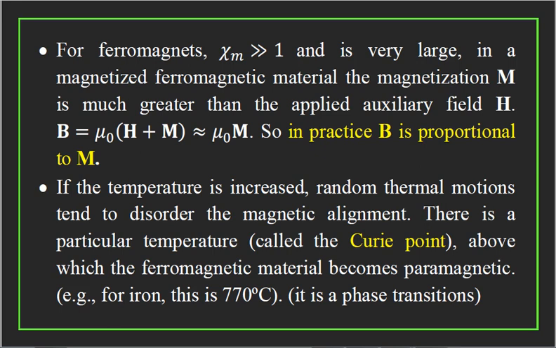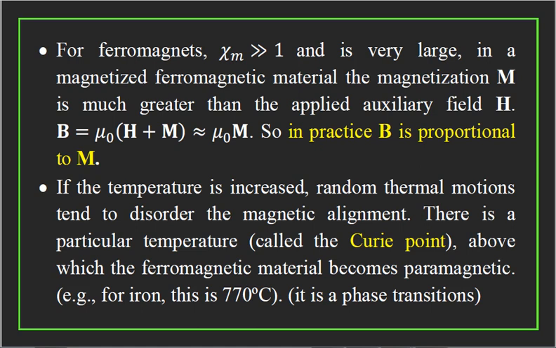So we can write B approximately equal to mu 0 M. So in practice, we see that in a ferromagnetic material, the magnetic field B and magnetization M are directly proportional. But we cannot say any proportional relation between B and H or M and H, because chi m and mu, both of them are not constant in the case of ferromagnetic materials, but they are very high.